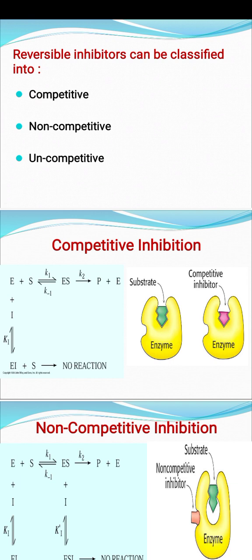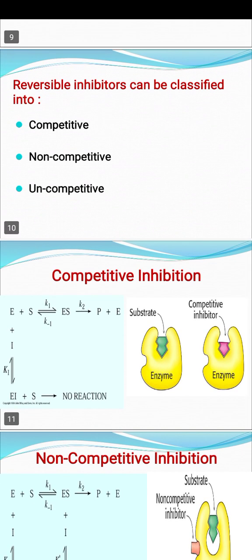Both inhibitor and substrate cannot associate with the site at the same time. The inhibitor can combine with the free enzyme in such a way that it competes with the normal substrate binding at the active site. Right?